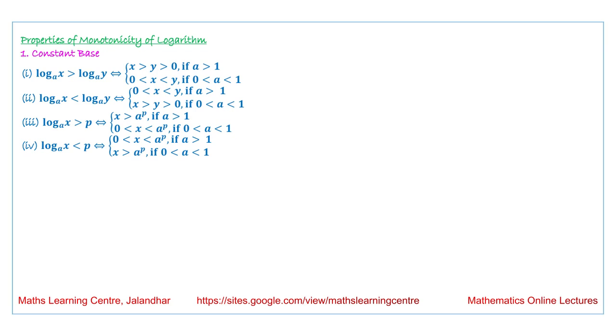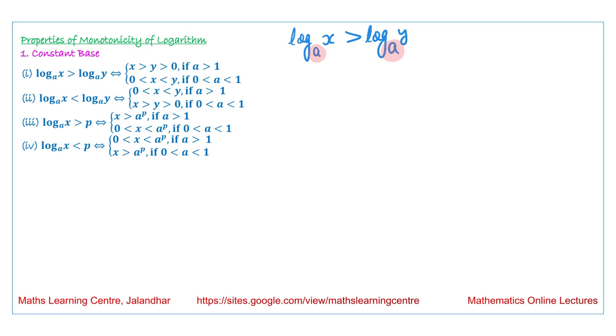Next is properties of monotonicity of logarithm. First we are talking about the case when we have a constant base. So if it is given that log of x to the base a is greater than log of y to the base a, we are talking about the case when the base in both these cases is a.